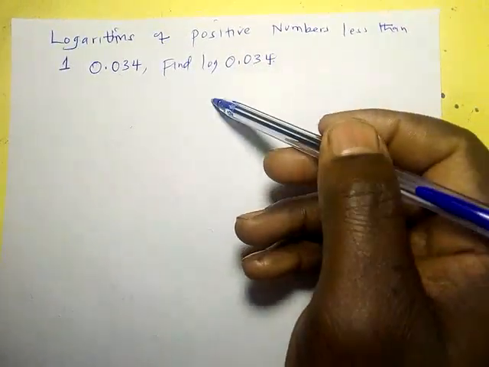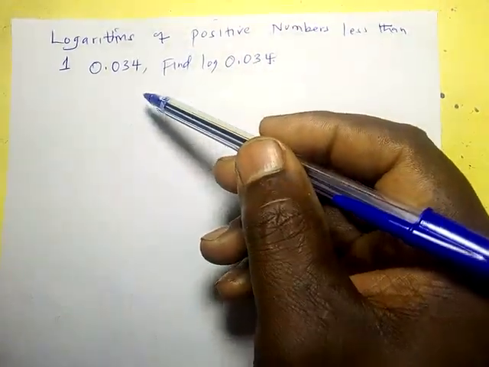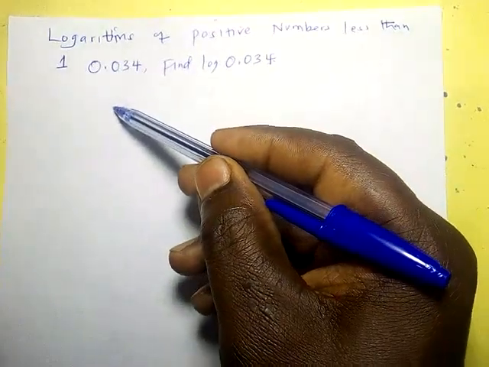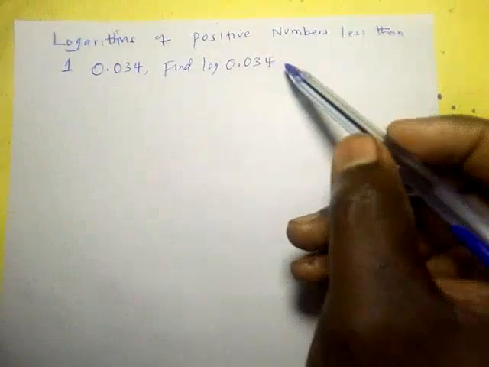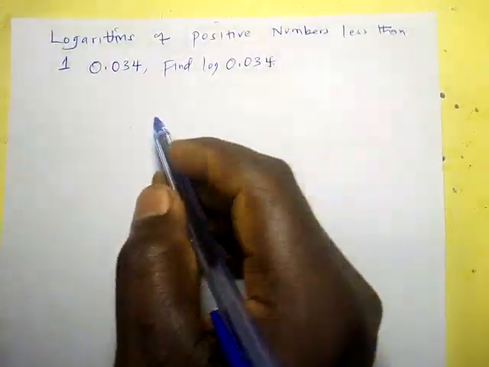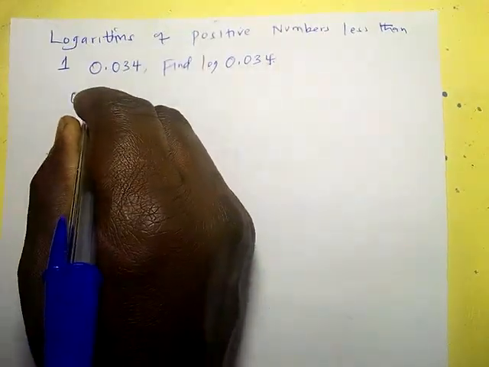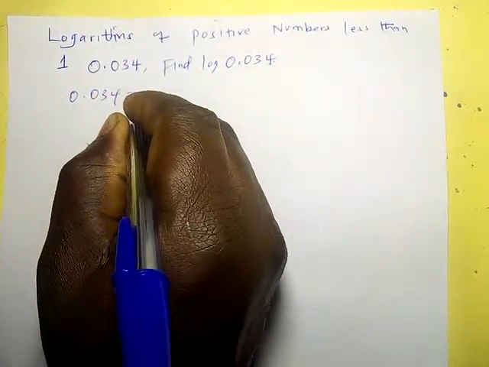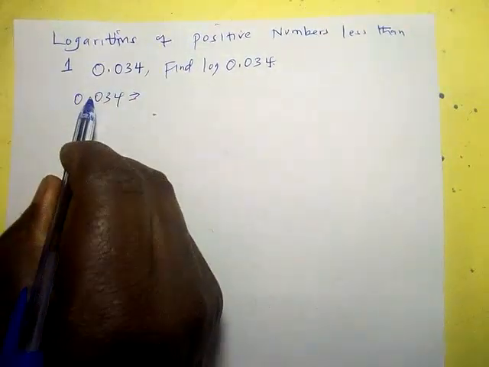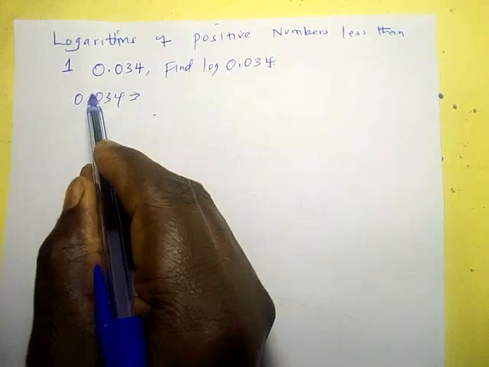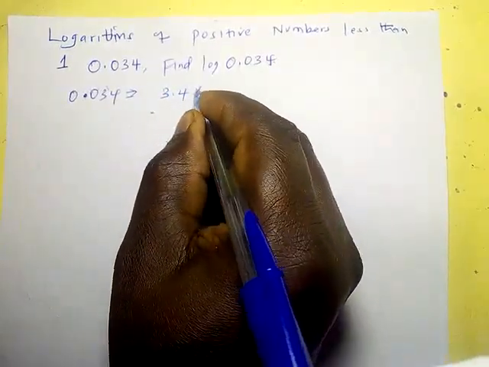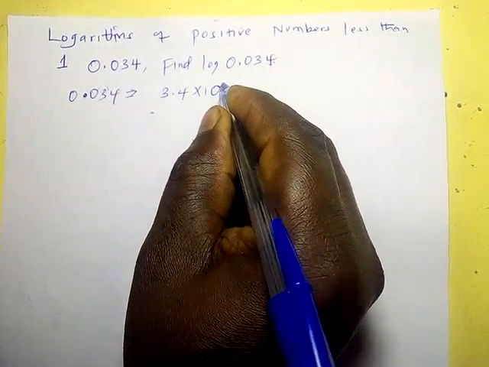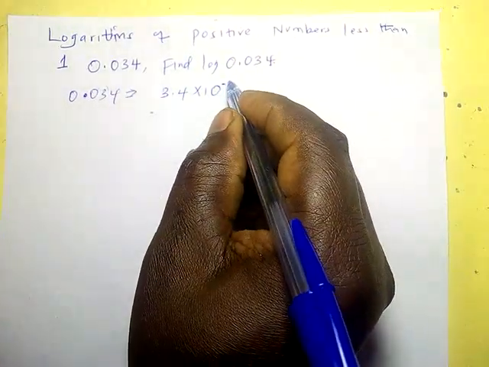Because our logarithm table provides logarithms of numbers from 1 to 9.9. Similarly, you have to write this number in standard form. So let us write this number in standard form. 0.034, the decimal point is here, so we go to the right, 1, 2. So we will have 3.4 times 10 raised to power negative 2.